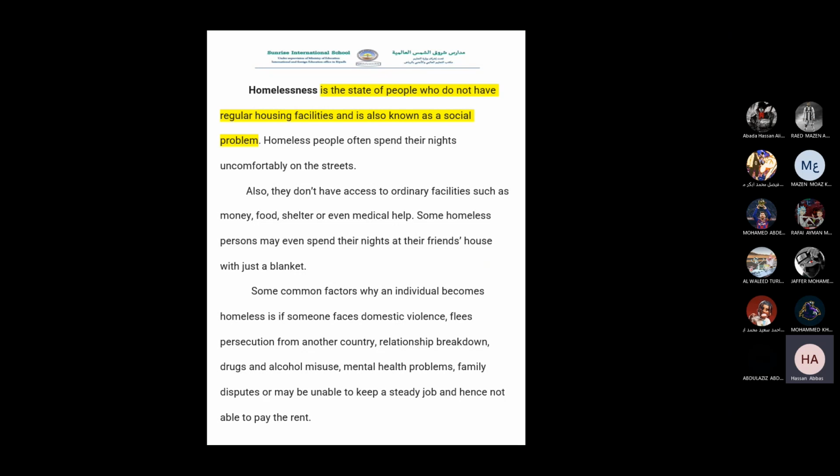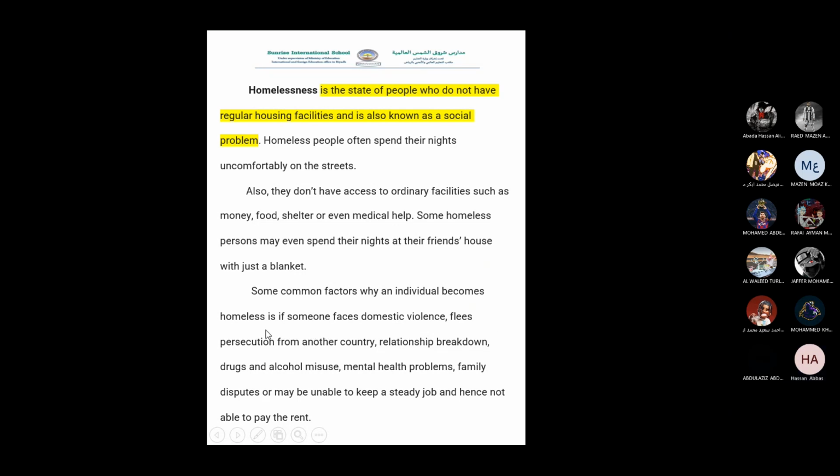break the heart. Some common factors why an individual becomes homeless are if someone faces domestic violence, flees persecution from another country, or relationship breakdown. Persecution means different problems happen in his country, being against him.